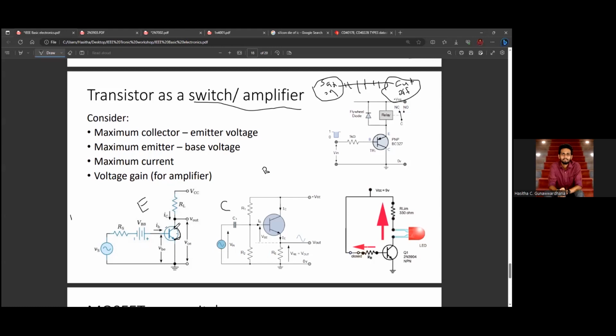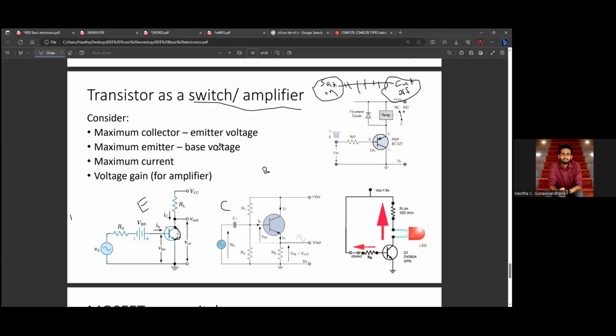Other than that, if we go for an amplifier, we have to consider voltage gain. That is for the gain calculation. I don't know whether this will come up in your task, but you will definitely learn about this in future semesters.